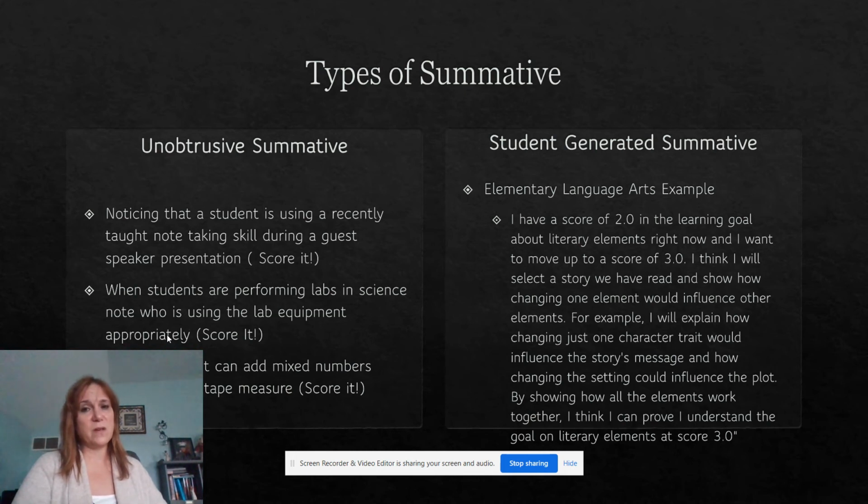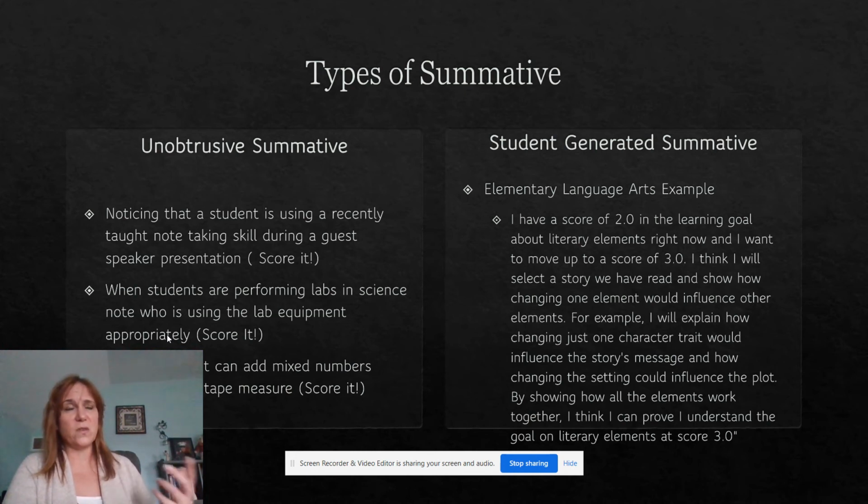Another type of summative assessment to look forward to or get engaged in is student-generated summatives. For example, if an elementary language arts lesson is working on the 5 story elements, and a student scored 2.0, that student can generate their own assessment to raise that grade.